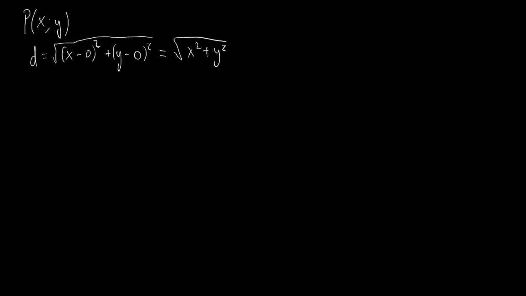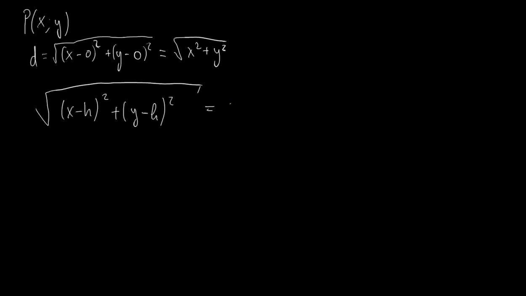By definition, a circle of radius a is the set of all points P(x, y) whose distance from some center, called the center C(h, k), equals a. From the distance formula, P lies on the circle if and only if the square root of (x minus h) squared plus (y minus k) squared equals a.